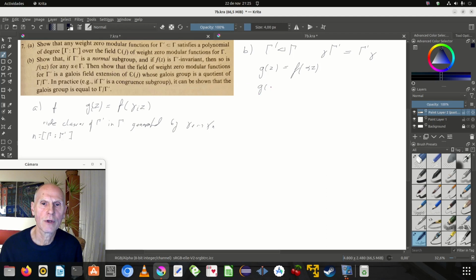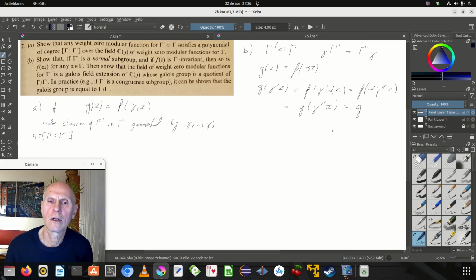So we take G of gamma mark Z, which equals f of G mark alpha Z, which equals f of alpha gamma double mark, some gamma double mark in gamma mark Z, equals G of gamma double mark Z, and this was in gamma mark, so it equals, now what am I doing here? I wanted to show that it was equal to G of Z.